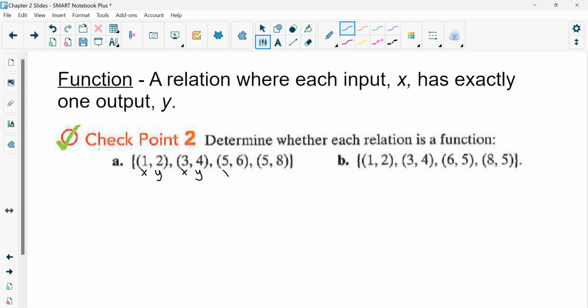As we get to the next one, we have an x value of 5 with one y value. But if we look right next to it, there's another x value of 5 with a different y value there. So that x value of 5 has two different outputs. So that one's not a function.